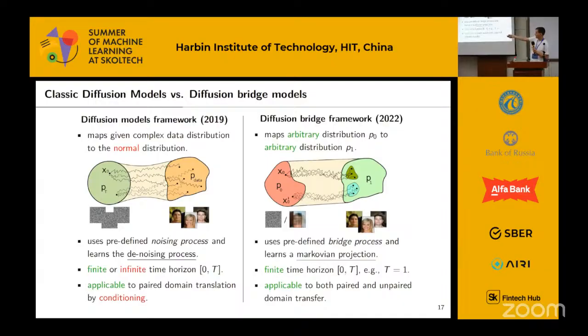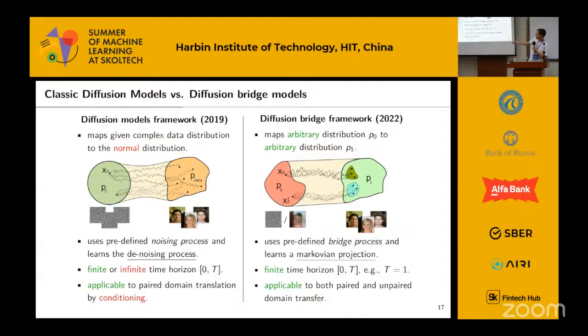Secondly, while diffusion models always by construction learn to denoise, bridge models learn a different type of diffusion. It's a different concept called Markovian projection of stochastic processes, and it is much more general than denoising diffusions and all this related stuff. Thirdly, in diffusion models, depending on the particular type, you may have either a finite or infinite time horizon.